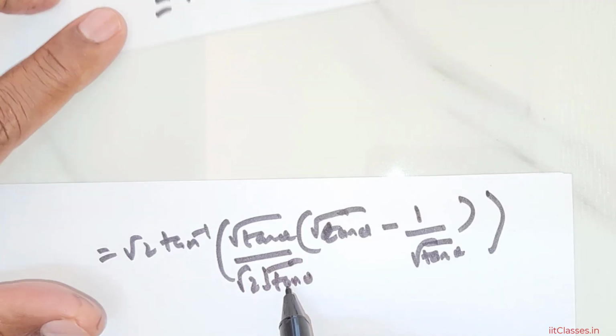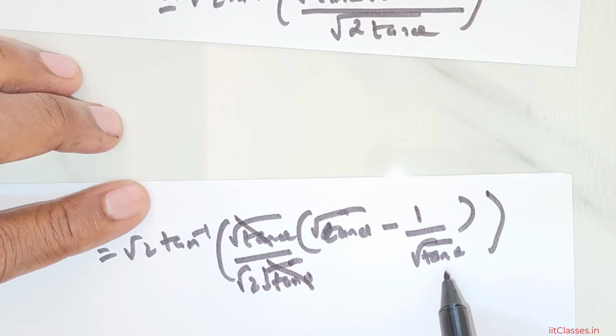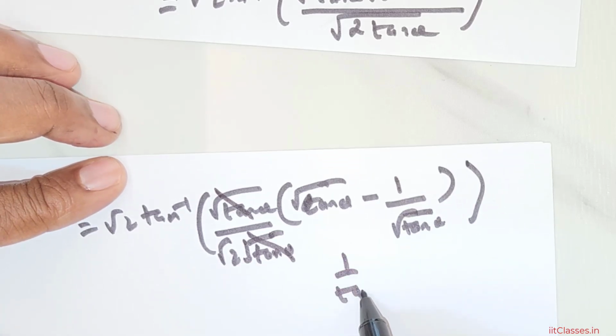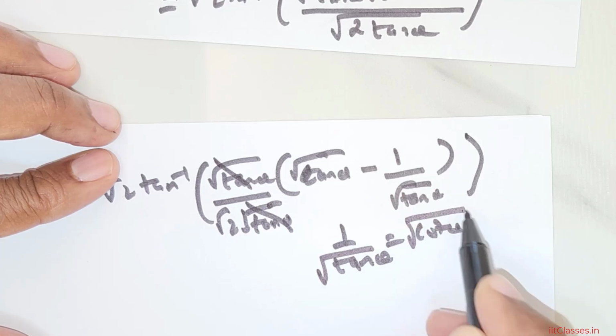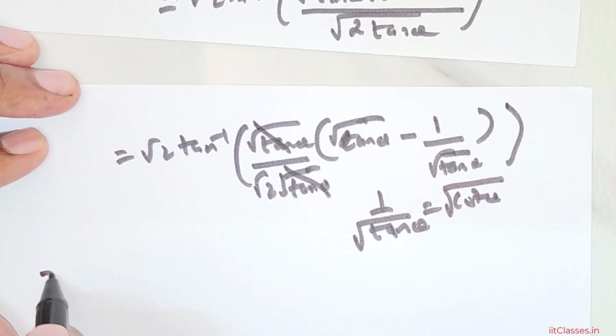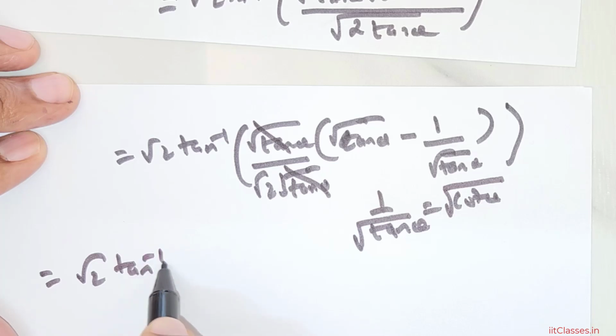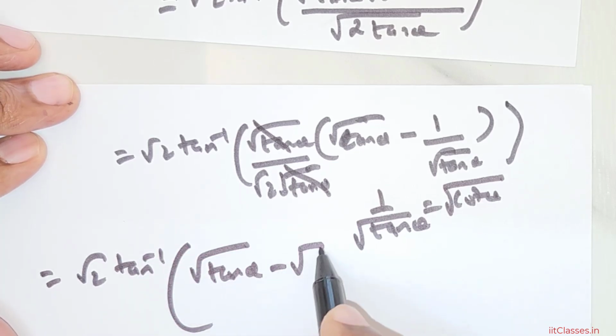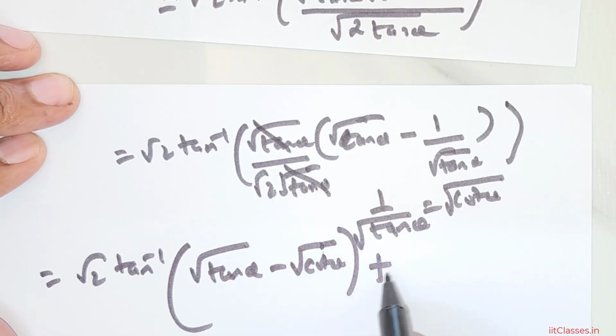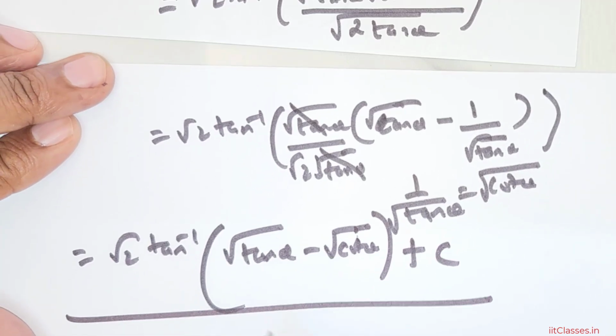Now root of tan theta gets cancelled. As I mentioned to you, 1 over tan theta is cot theta, so 1 over root of tan theta will become root of cot theta. So this is equal to root 2 times tan inverse of root of tan theta minus root of cot theta, plus arbitrary constant. You will have to reach this point.